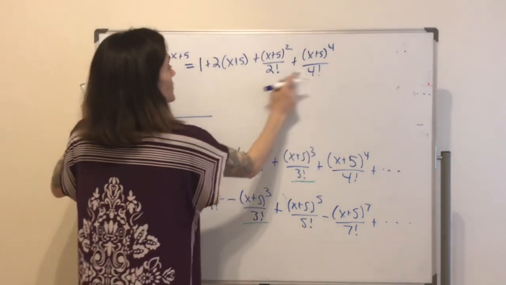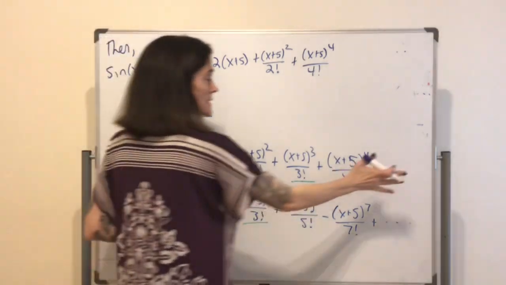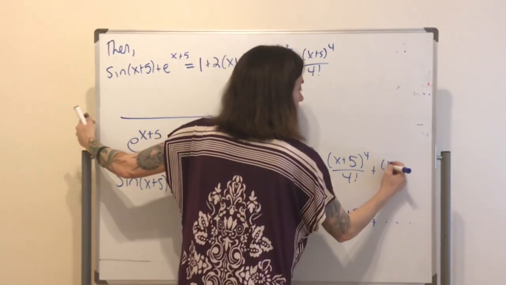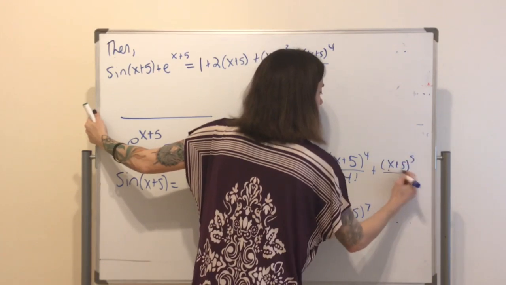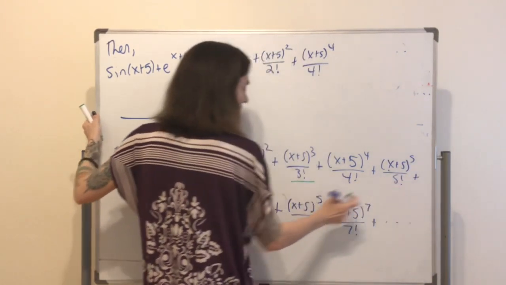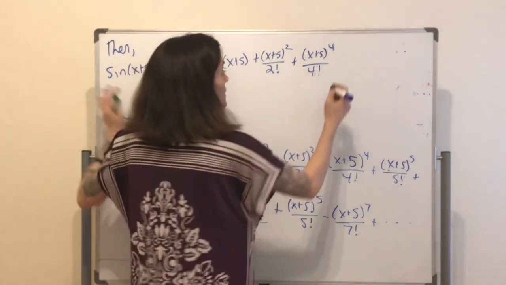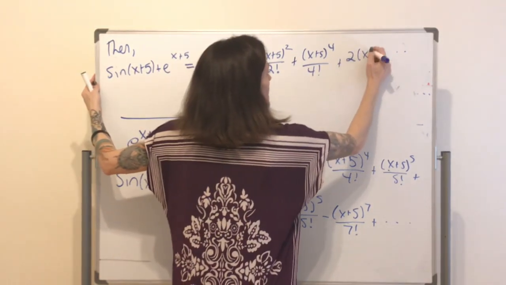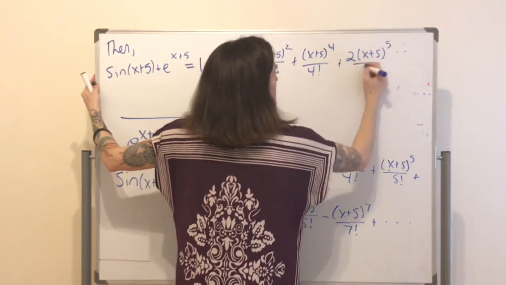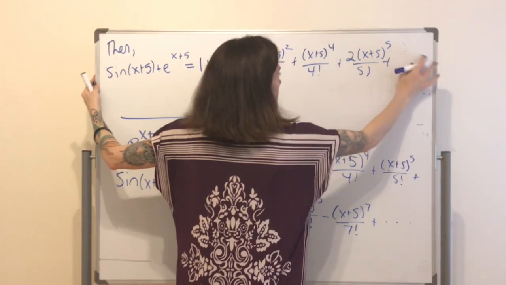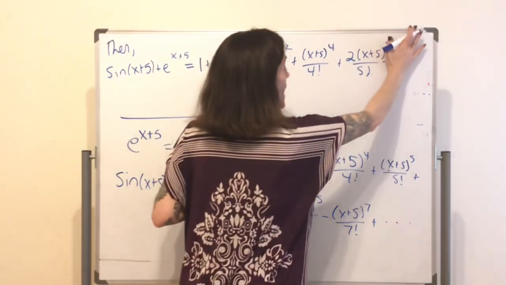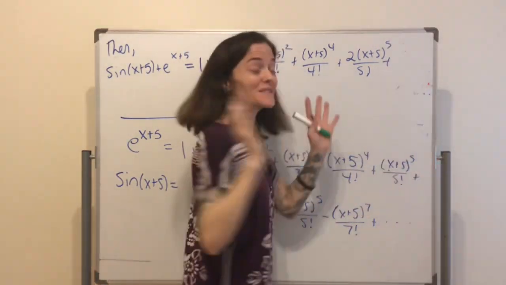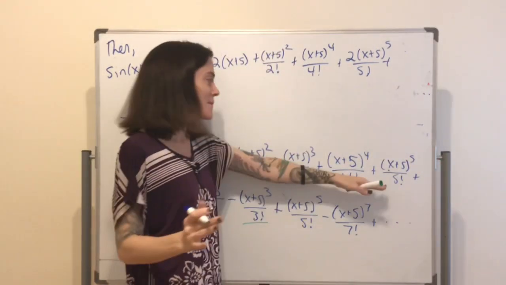This is 1, 2, 3, 4. Next, we would just have an (x plus 5) to the 5th over 5 factorial. When I add these, I'm going to have 2 of them. So I'm going to have 2(x plus 5) to the 5th over 5 factorial. And this would continue. I would get (x plus 5) to the 6th over 6 factorial coming from this.